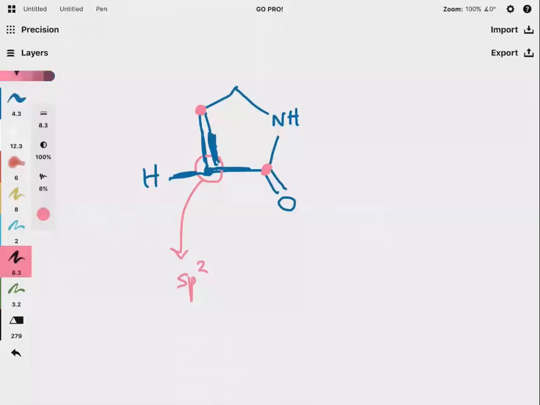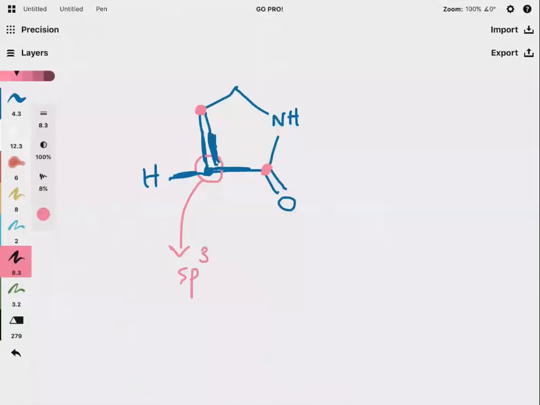So sorry, I meant to say sp3. I made a mistake. Wrote it down wrong in my notes, so that should have been sp3. And so if we had to guess what kind of geometry, its molecular orbital geometry it has, what would we say?